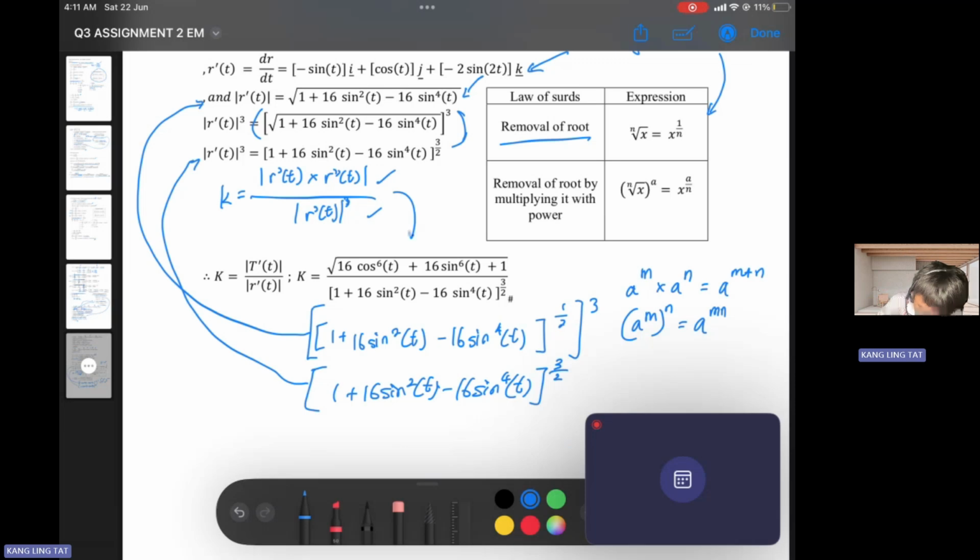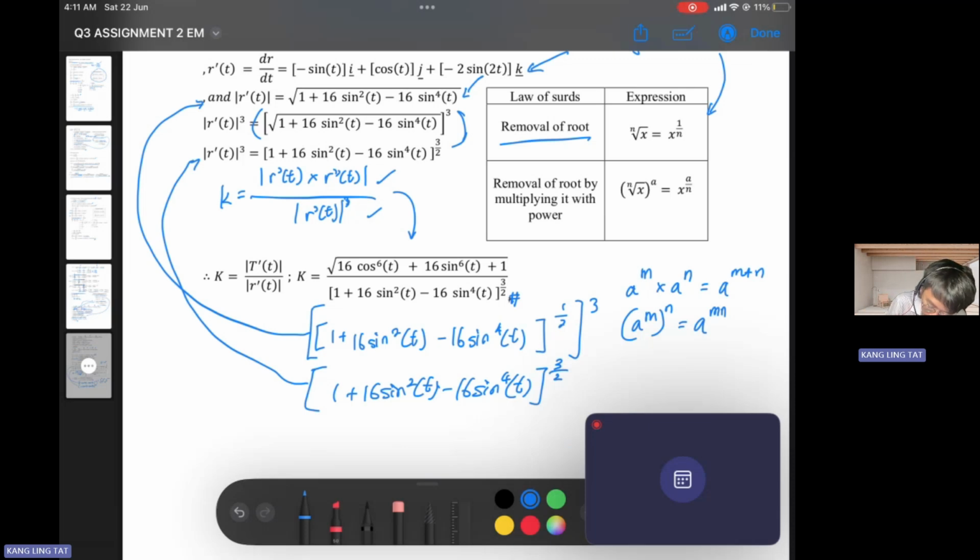We just need to substitute them in here, and this is the answer for the curvature kappa, which is going to be the surd of 16 cos power 6t plus 16 times sine power 6t plus 1, over the power of 3 over 2 of 1 plus 16 sine square t minus 16 sine power 4t.